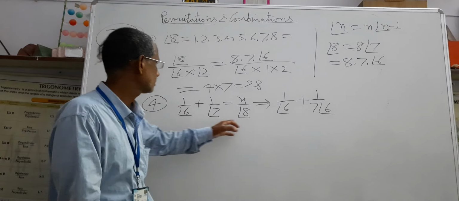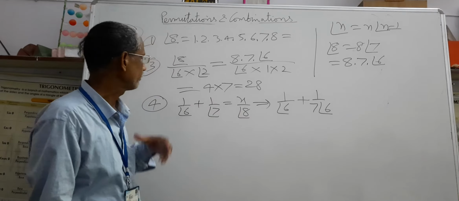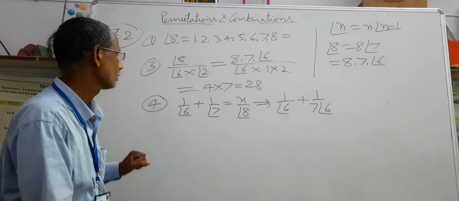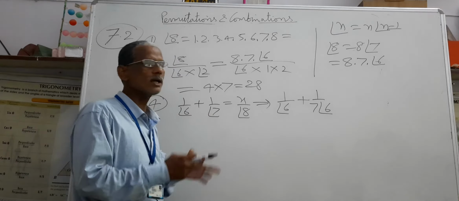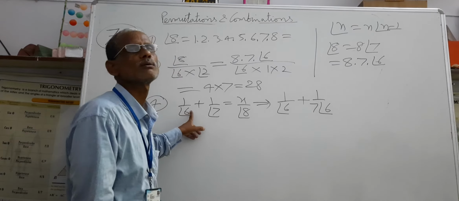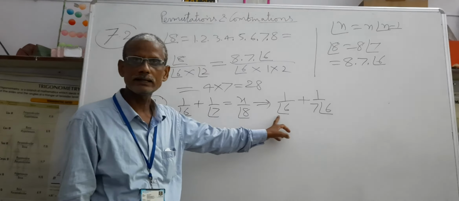In questions of this pattern, when there are factorials of different numbers, reduce all factorials into the smallest factorial. It is 6, so factorial 6 will be written as such.